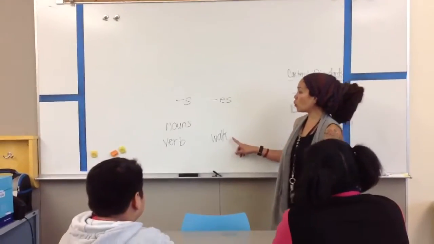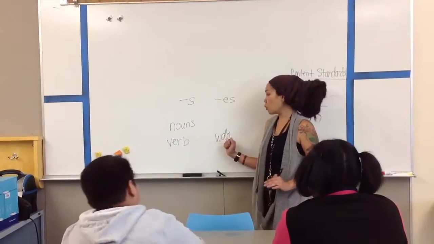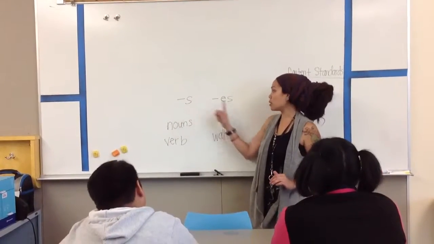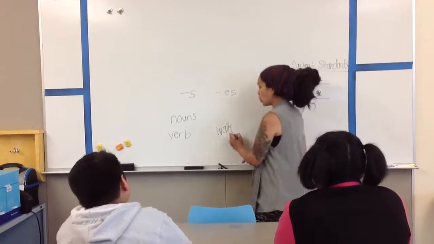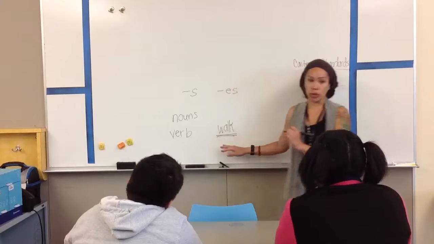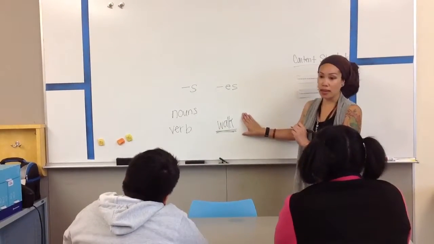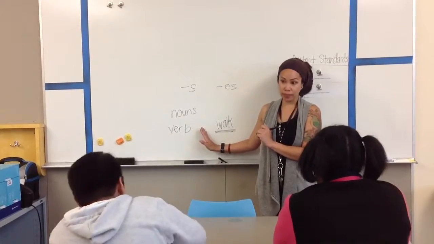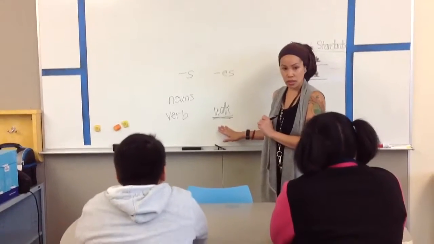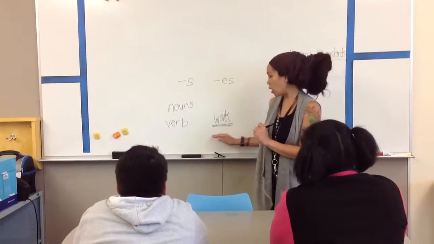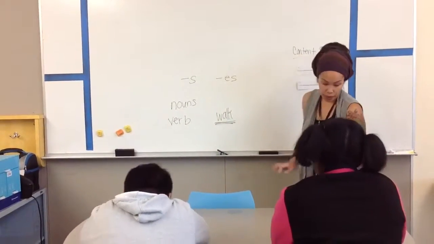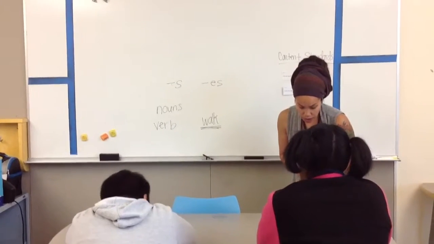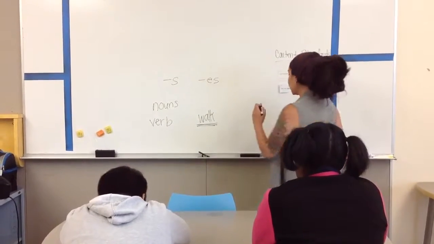So we're going to talk about how we decide if we're going to use the S or ES on the base word. And this is called a base word because it doesn't have anything at the end and it doesn't have anything in the beginning. What is this called? A base word. Base word.